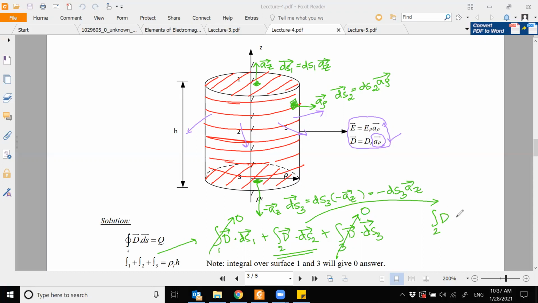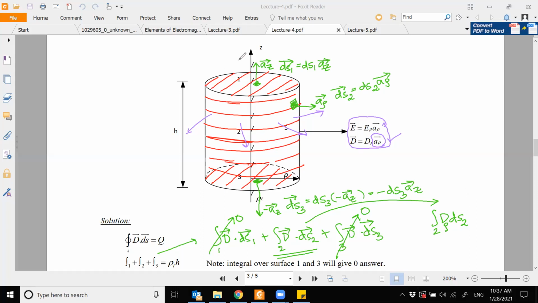Because D bar dot DS2 bar, where D bar is D rho a rho and DS2 bar is DS2 a rho, this will be D rho times DS2. So this is the answer. I think now it is clear. Correct? Yes, thank you.